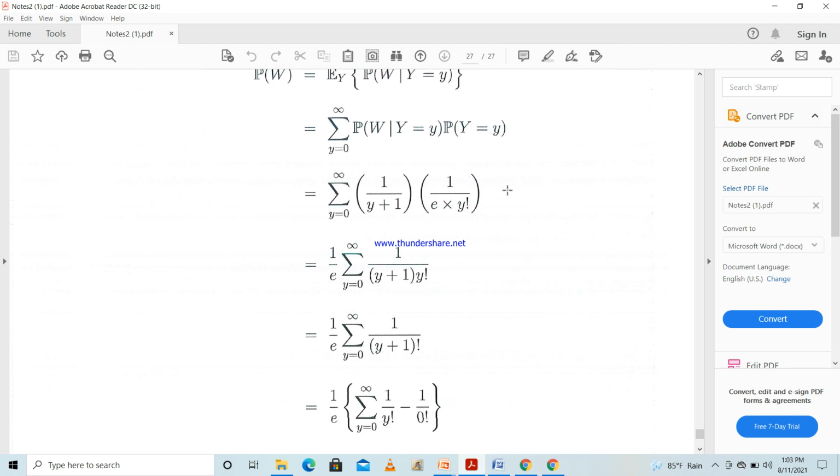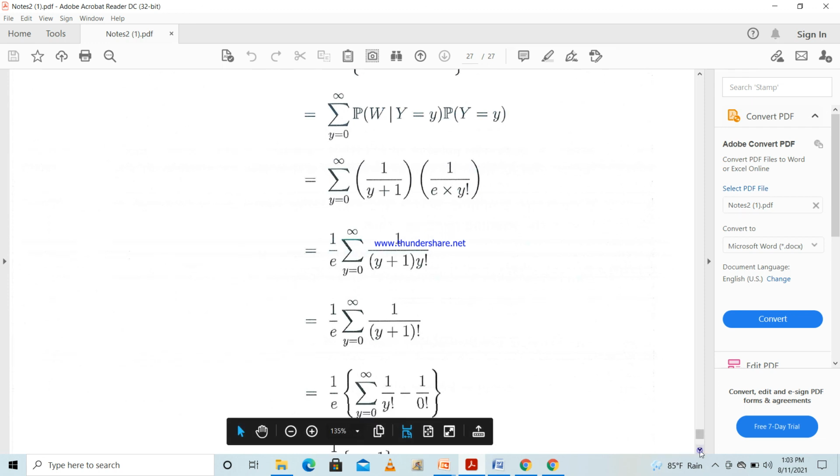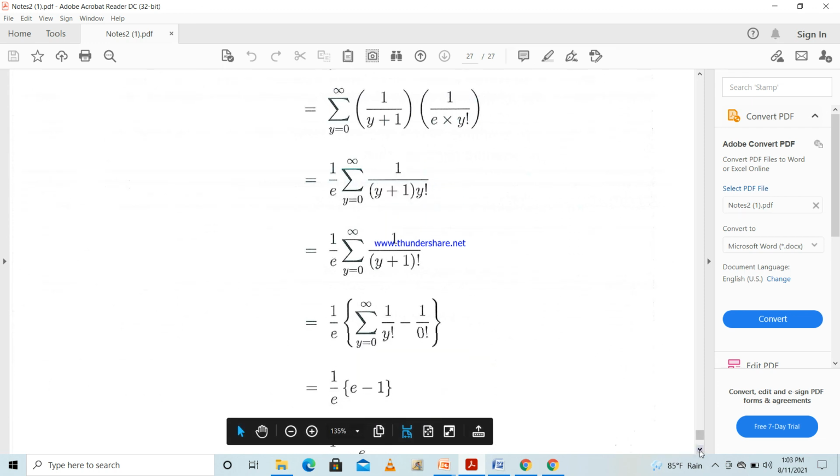Since this term does not depend on y, you can take 1 over e out. Then you have the summation, y from 0 to infinity, of 1 over y plus 1 times factorial y, that is 1 over y plus 1 factorial.